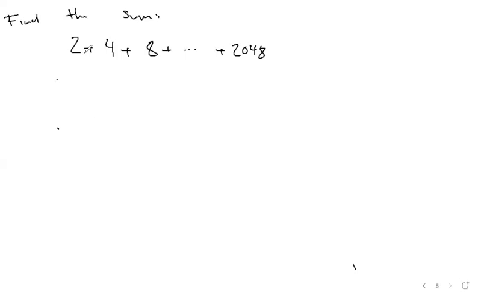Okay, let's do this question together. So I know the nth partial sum for a geometric sequence, this is a geometric sequence, I'm multiplying by 2 each time, is given as follows. It's going to be a1 times 1 minus r to the n all over 1 minus r. I know what a1 is, and I know what r is. They're both 2. But I don't know what n is.